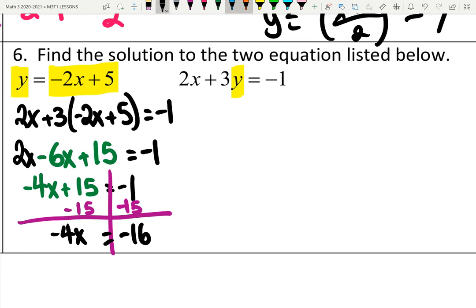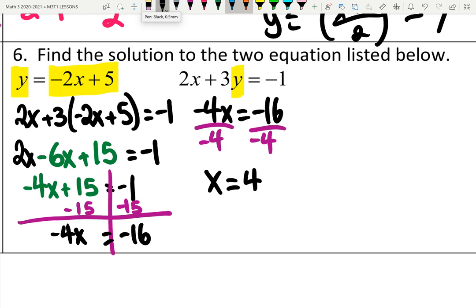They're the same sign, so add them together. Negative 4x is equal to negative 16. This is going to lead me to divide by negative 4. X equals just 4. This is not enough to find the solution.